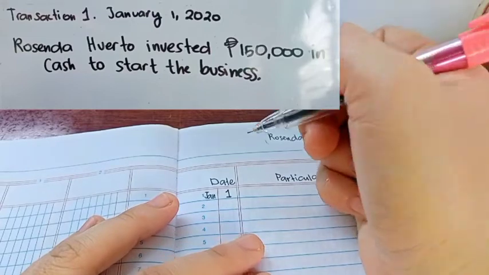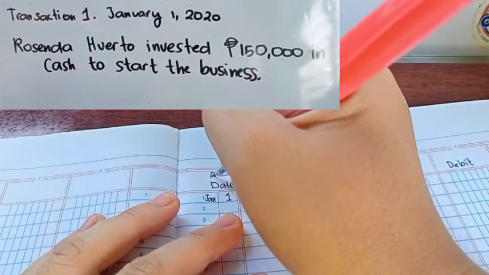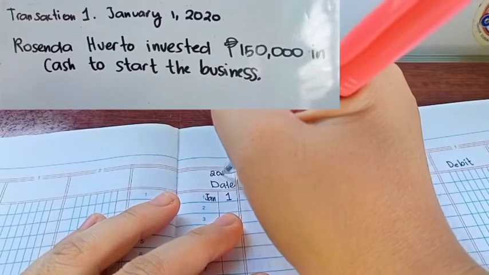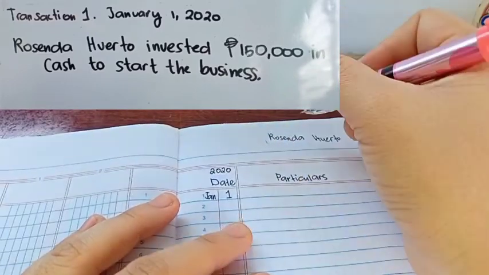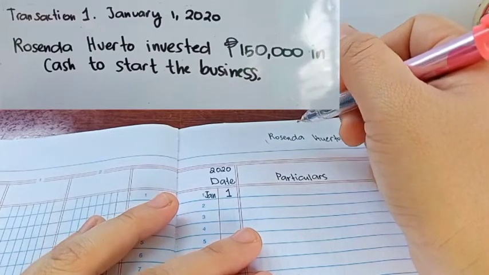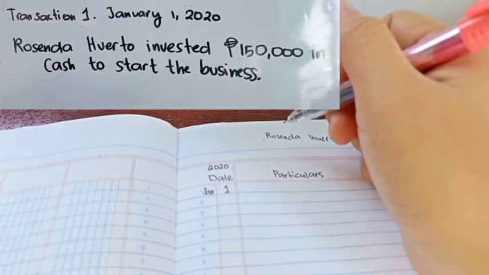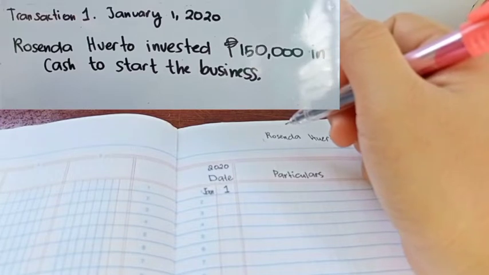For the year, you put it in the upper part of the word "Date": year 2020.